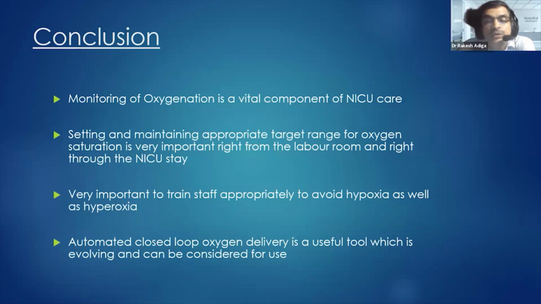The time taken to adjust the oxygen should be very short, so that the result will be better. Automated closed loop oxygen delivery is a useful tool which is evolving and can be considered for use.